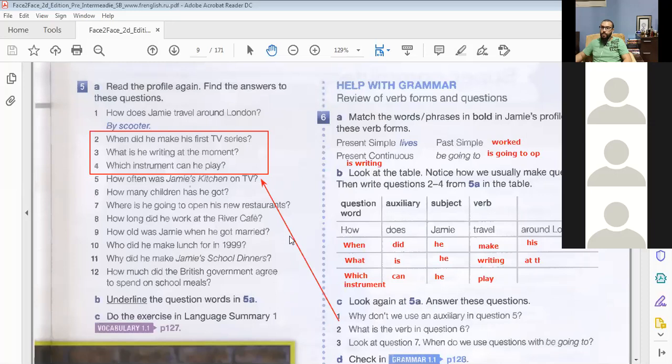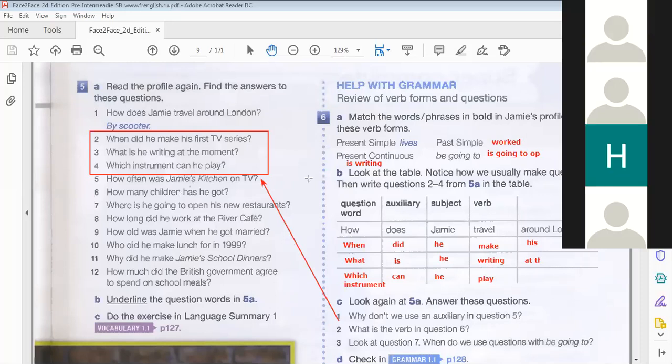Salma? Past simple? Maybe. Okay, you're kind of right. It is about the past. How often was Jamie's Kitchen on TV? Any other guesses? Why don't we use an auxiliary in question 5?